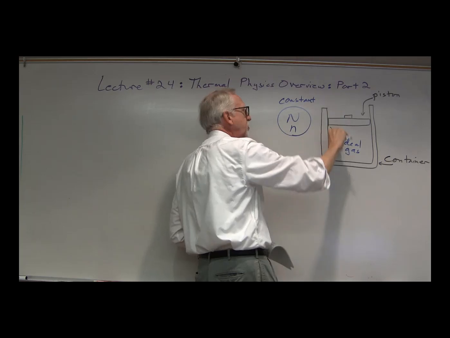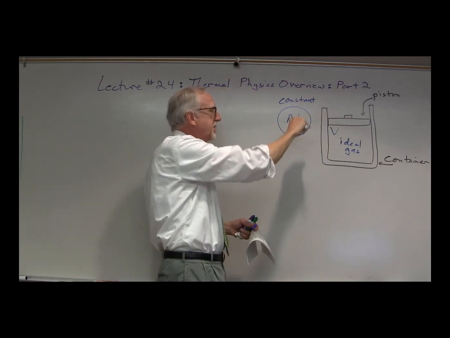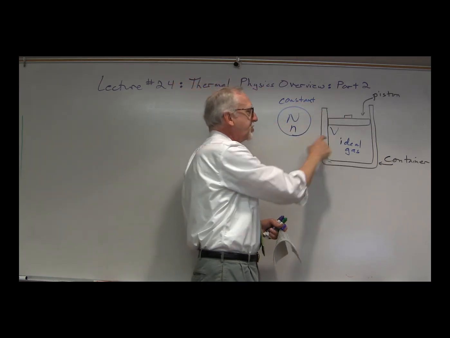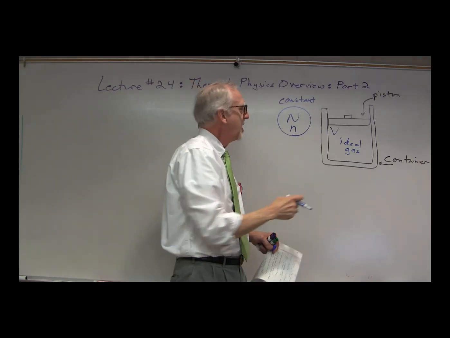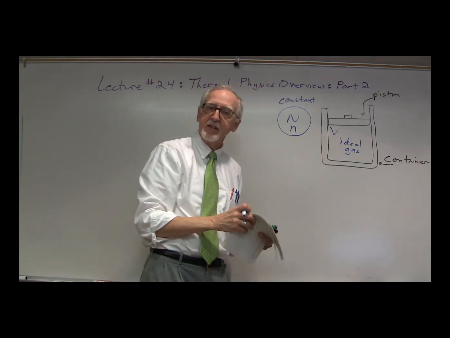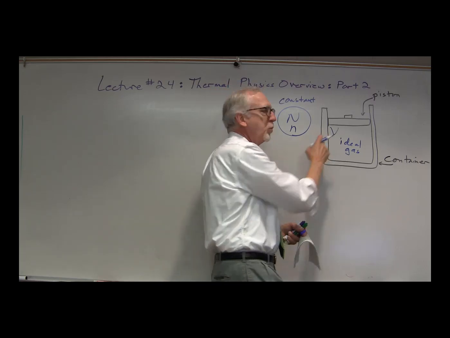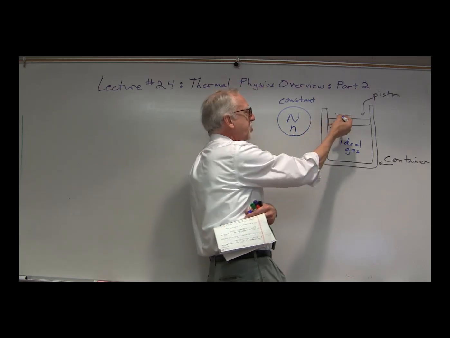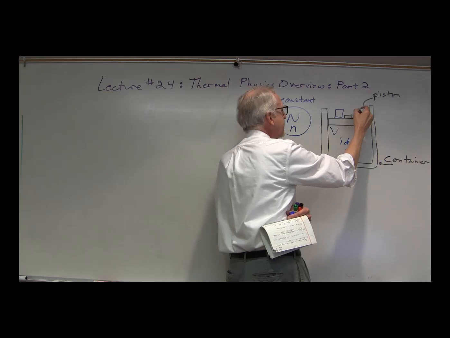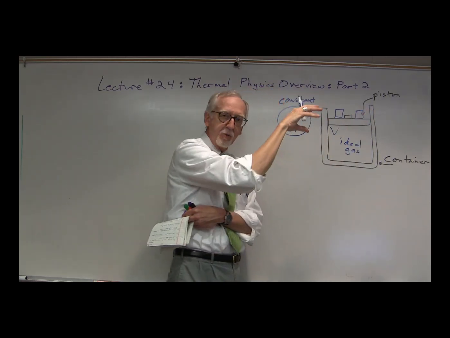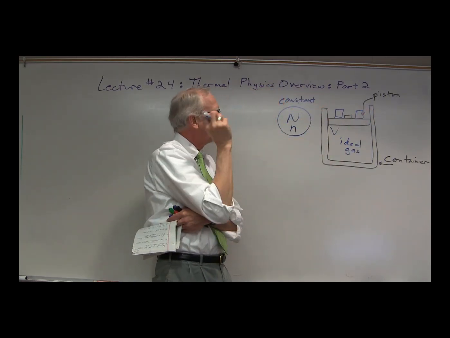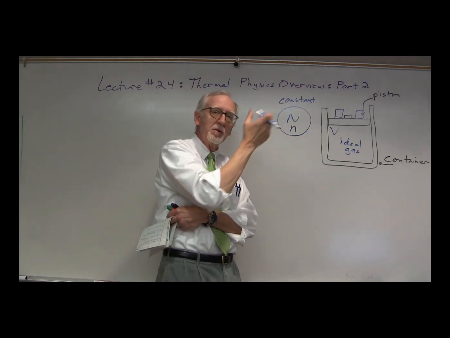But as we move the piston up and down and change the volume, the pressure of the gas could change. The temperature of the gas could change. We can vary the pressure by maybe putting more or less weight on top of the piston, so that would push the piston down more, or we remove some of the weight that allows the piston to move up.